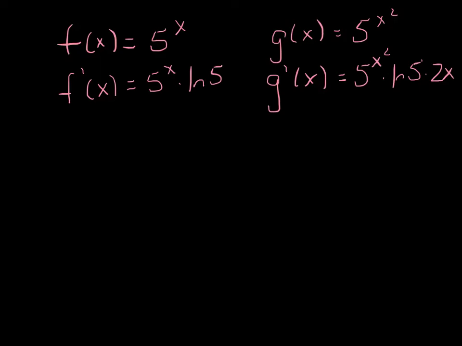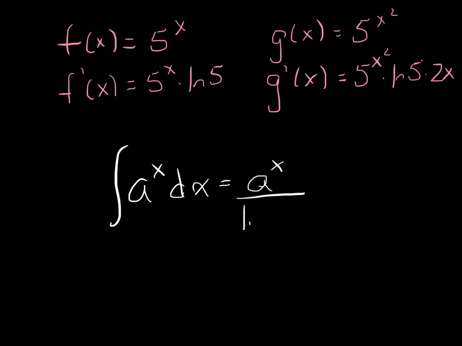So it follows that if you wanted to take the integral of a to the x, you'd be left with a to the x, except instead of multiplying by the ln of the base, you'd be dividing by the ln of the base.